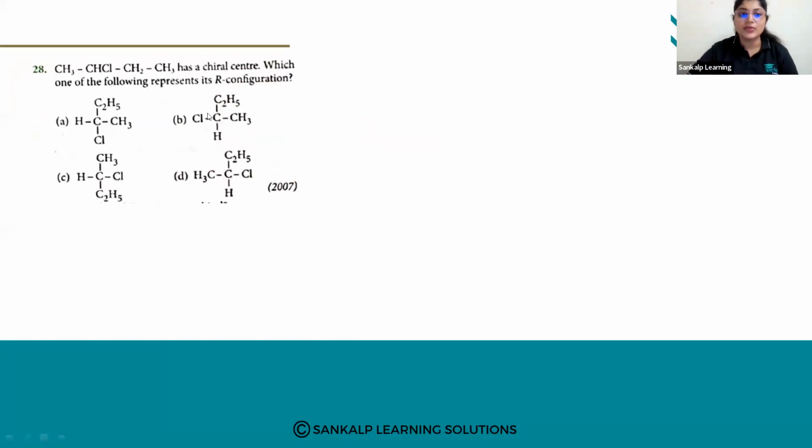Okay, so next question: CH3 CHCl CH2 CH3 has a chiral center. Which one of the following represents its R configuration? So these are the four options. I'll write the compound. First we'll check whether it has a chiral center. What do you mean by chiral center?